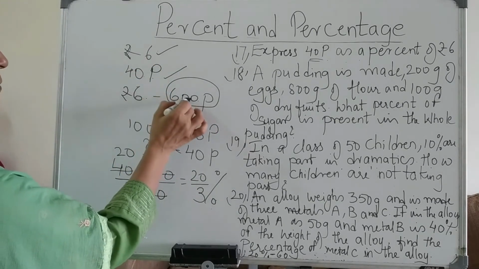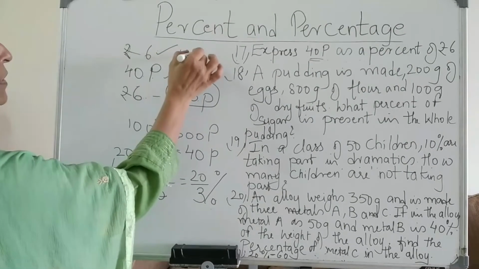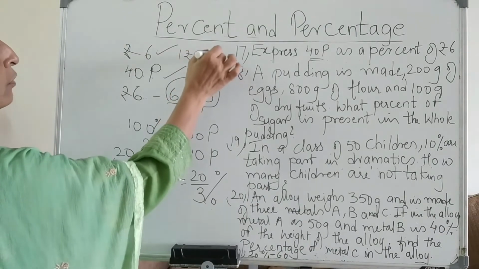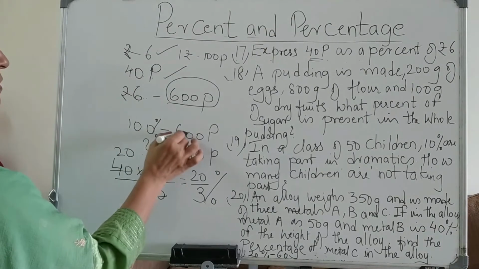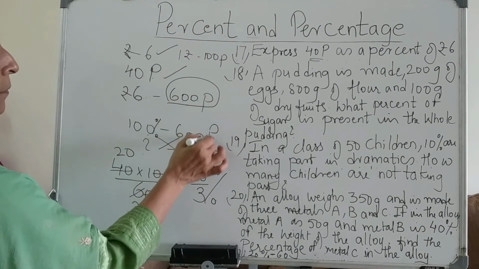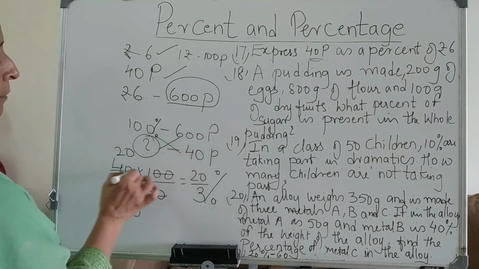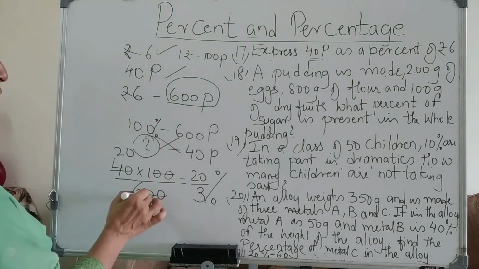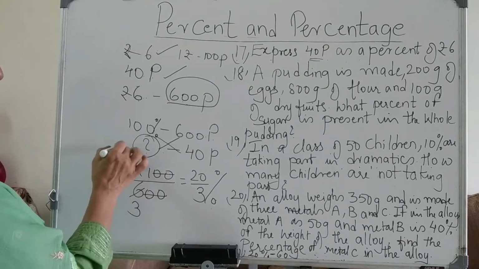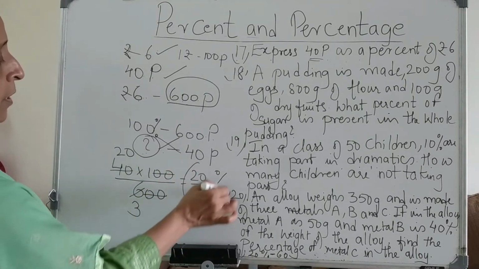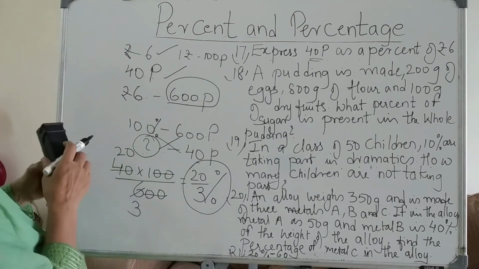So now this is multiplied because 1 rupee has 100 paise. So naturally 6 rupees will have 600 paise. This is now 100%, 600 paise. So you have to find out how much percentage. Cross multiplication, 100 into 40, both the zeros get cancelled. You get this much percentage. You can write in mixed fraction if you want.